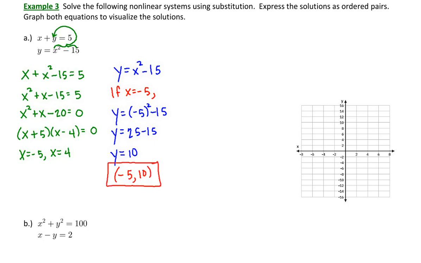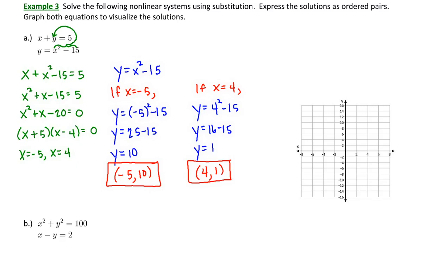We'll take our second x value, if x is equal to 4, and plug it into that equation. y equals 4 squared minus 15, or 16 minus 15. Looks like our corresponding y value there is 1. So our next ordered pair would be x equals 4 and y equals 1.